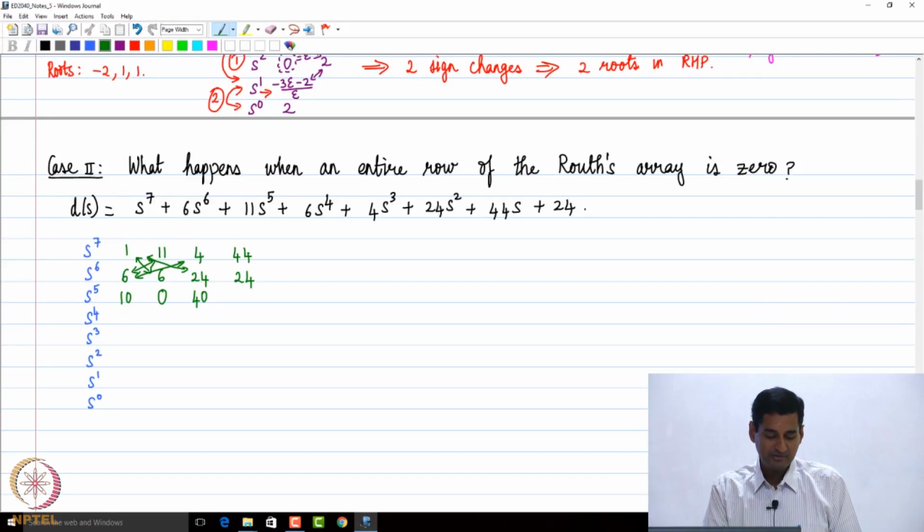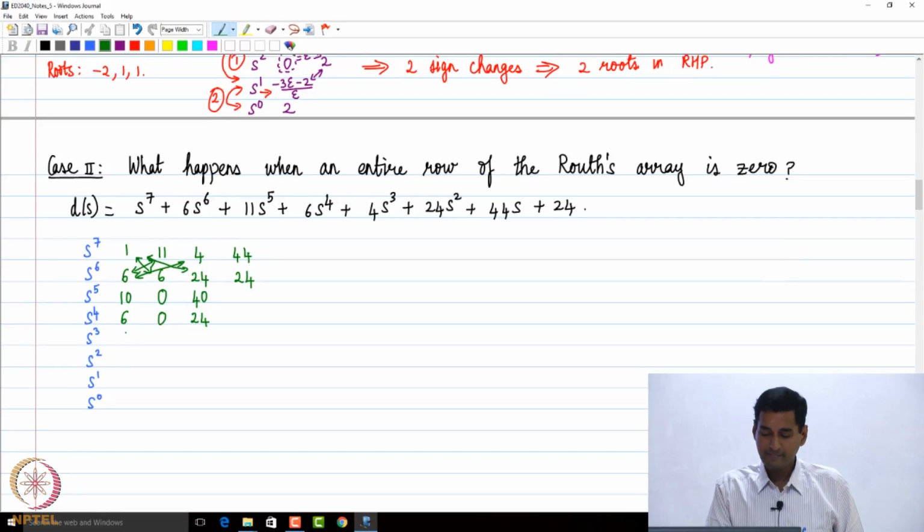Now let's go to the s^4 row. I would get 6 as the first entry, then 0, then 24. 24, correct? 10 times 24 minus 6 times the null entry, divided by 6, gives me 24. Now we go to the s^3 row.